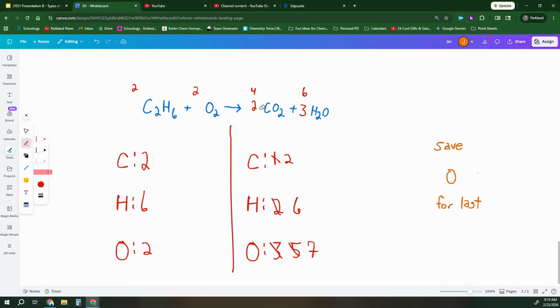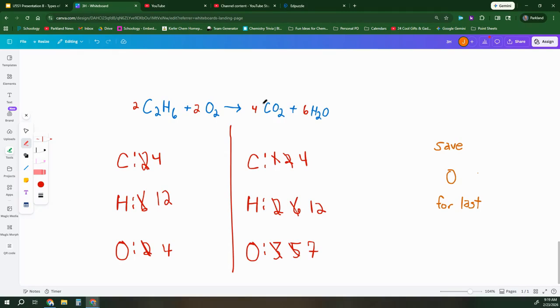I'll erase the ones we had, and I'll move down these new doubled coefficients. And we'll see that our updated counts work out nicely. 2 times 2 is 4 carbons. 2 times 6 is 12 hydrogens. 2 times 2 is 4 oxygens. 4 times 1 is 4 carbons on this side. 6 times 2 is 12 hydrogens.